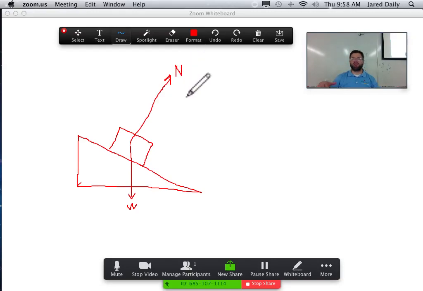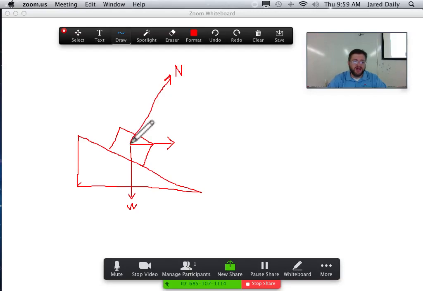You actually feel like you're getting pressed into the seat, but really the seat is being pressed into you. And the reason for this is this component of the normal force right here. This component of the normal force is the thing that contributes extra to this normal force up here, and that's the only thing that contributes extra to it.